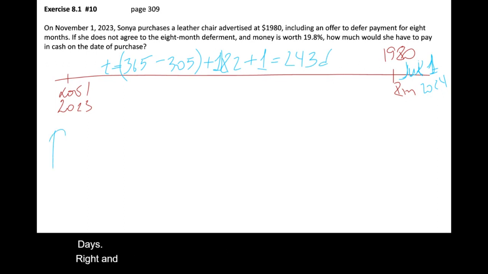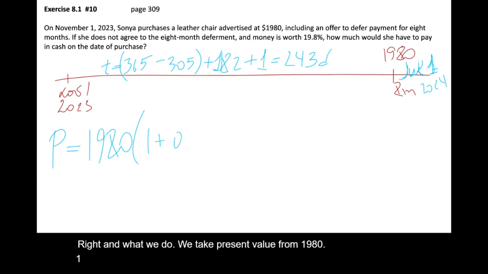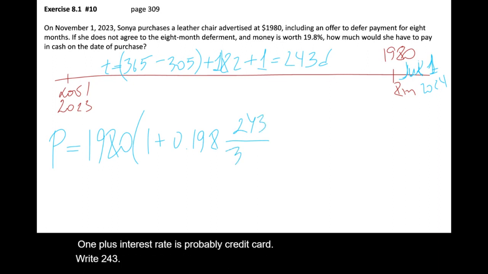Right? And what we do, we take present value from 1980, 1 plus interest rate, probably a credit card, right? 243 over 365, negative 1.